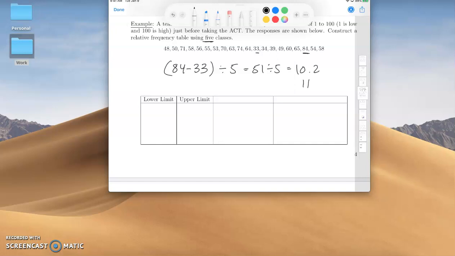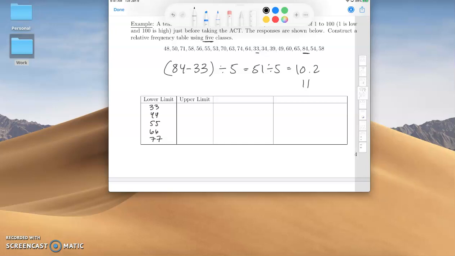So we're going to start with our lowest limit, and we're going to add 11 each time. 44, 55, 66, 77. And so then what we need to do to find the upper limit is we basically add 11 and subtract 1 because we're dealing with just integers here, and it needs to end before the lower limit of the next class.